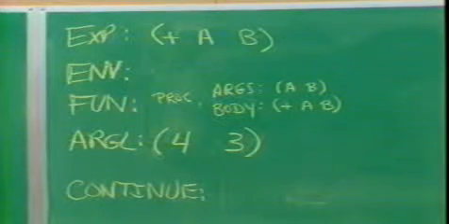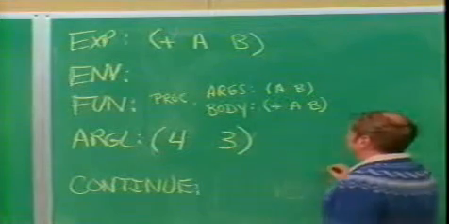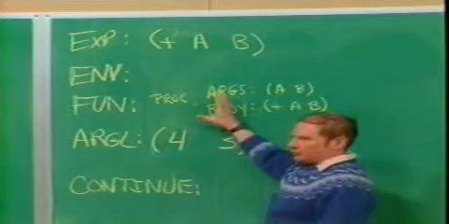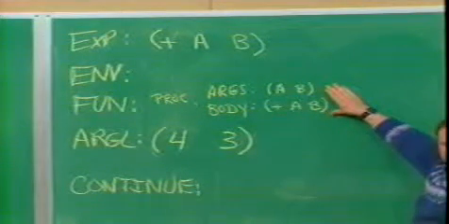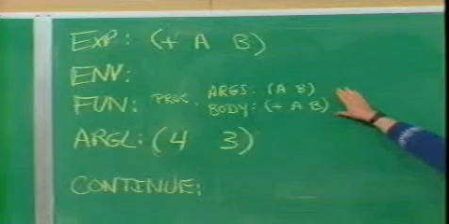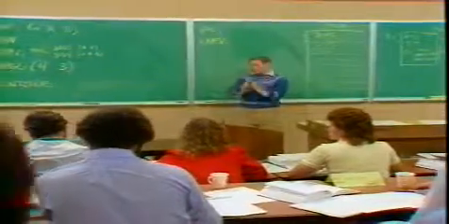That's going to be evaluated in an environment which is formed by making some bindings using information determined by the procedure, that's what's in fun, and the argument list. Let's not worry about exactly what that does, but you can see the information's there. So make bindings will say, oh, the procedure itself had an environment attached to it. I didn't write that quite here. I should have said in environment, because every procedure gets built with an environment. So from that environment, it knows what the procedure's definition environment is.